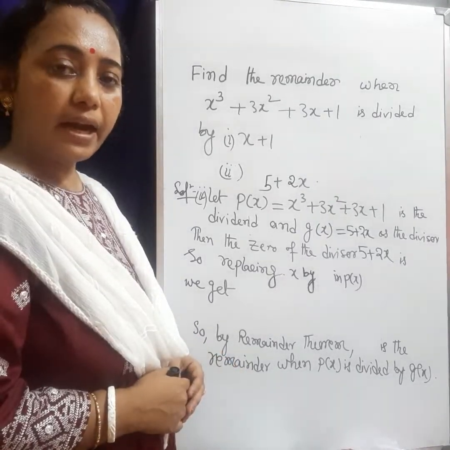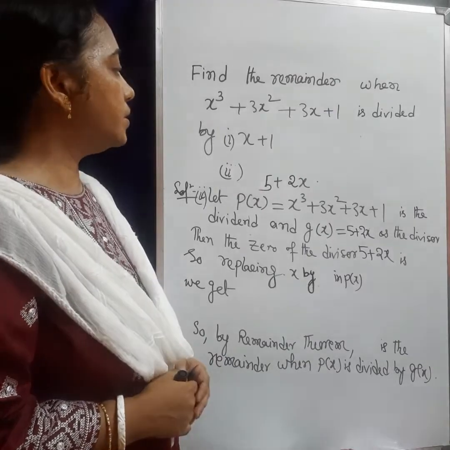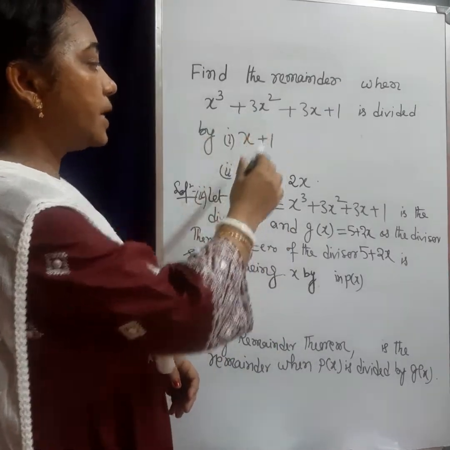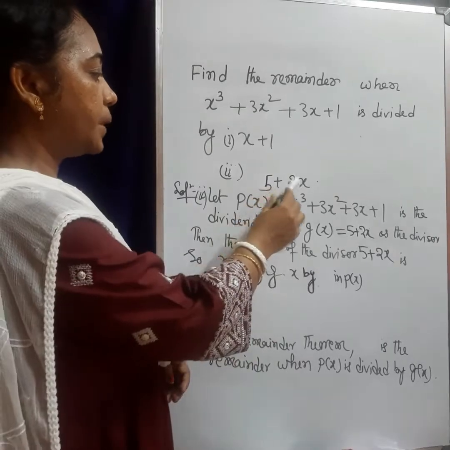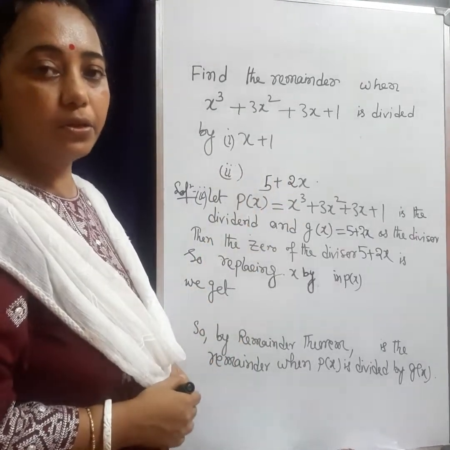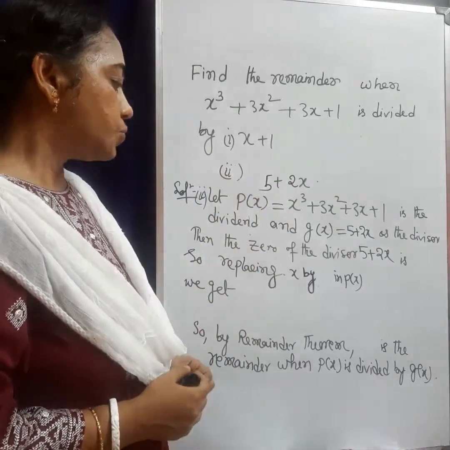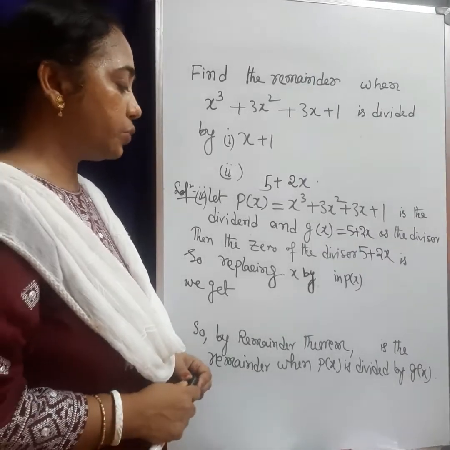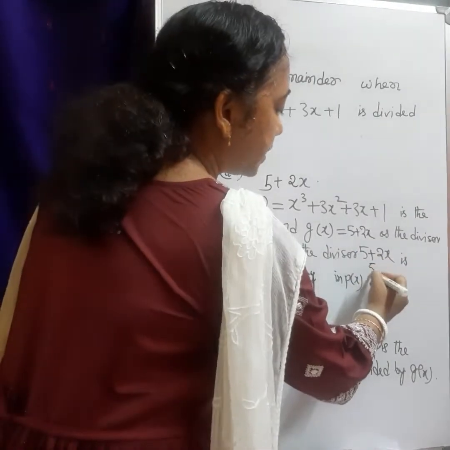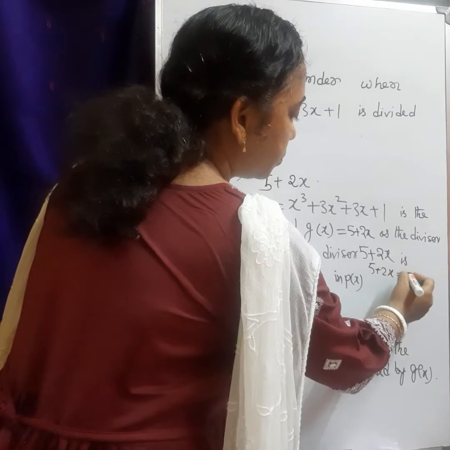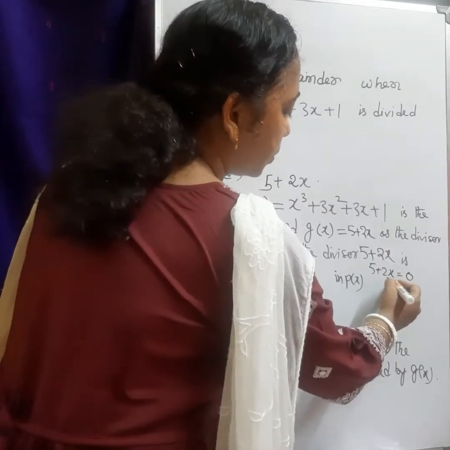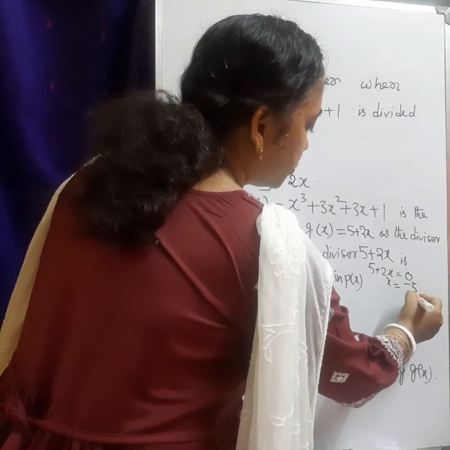Now let us consider another question. Find the remainder when p(x) is divided by 5 plus 2x. Here the divisor is 5 plus 2x. So for the 0 of the divisor, we put 5 plus 2x equal to 0, and we get x equal to minus 5 by 2.